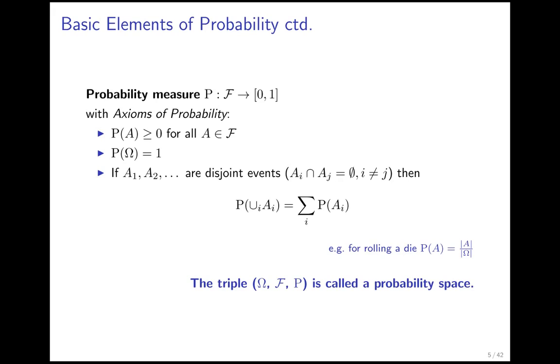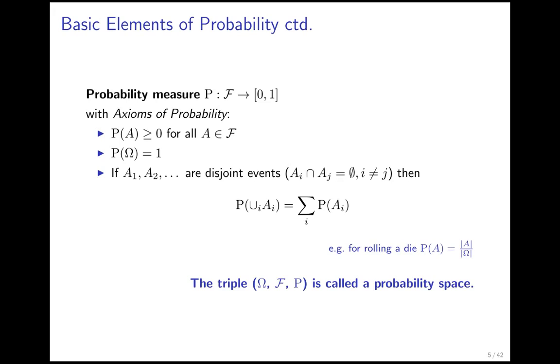So that's where the events come back in. Probabilities are defined on events, not on outcomes. Of course, you can have an event that contains only one outcome, and through this proxy you're going to get a probability for a certain outcome, but probabilities are defined on events only.